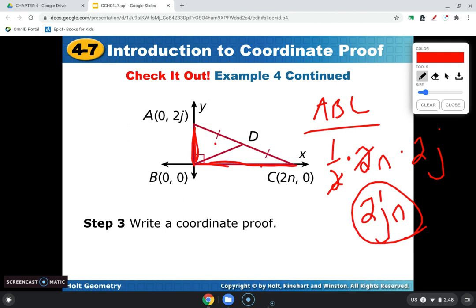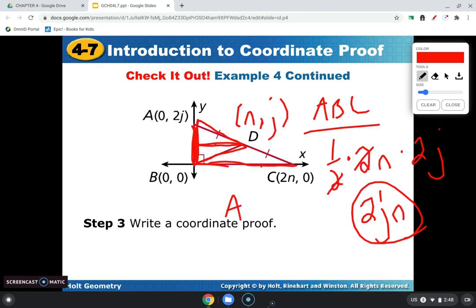On the previous slide, it told us that D was the midpoint of AC. So 0 plus 2n divided by 2 is n. 2j plus 0 divided by 2 is j. So D is n, j. Now we want to find the area of ABD. It's not a right triangle, but this would be the height, and this would be the base.